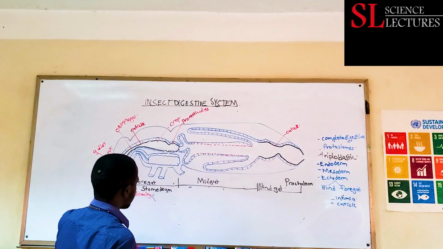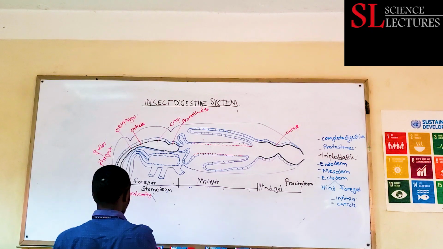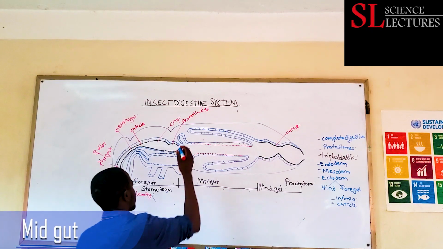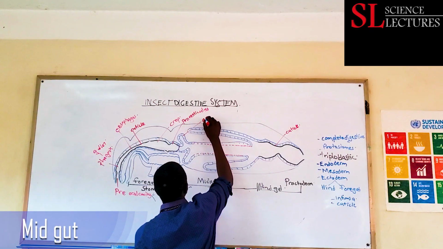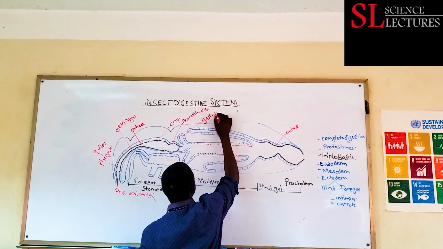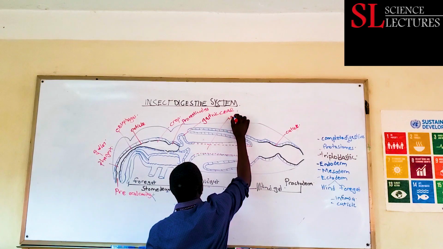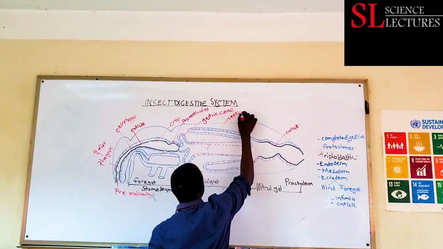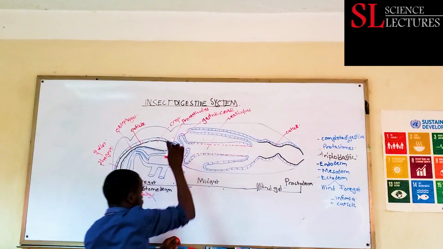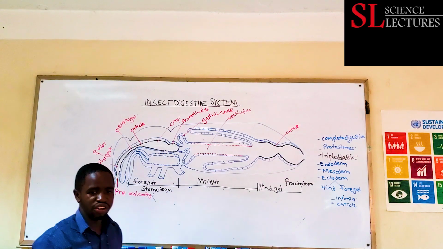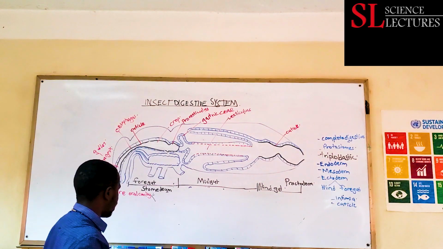Next, I want us to look at the mid-gut. The mid-gut is made up of majorly two parts. Number one, it is made up of what they call the gastric caeca, and the ventriculus. That is why we call this proventriculus before the ventriculus.